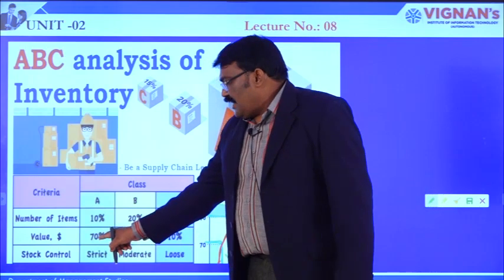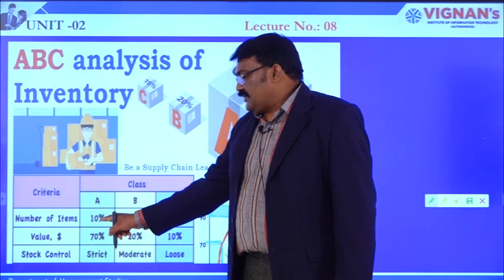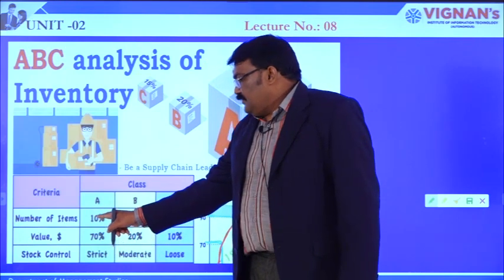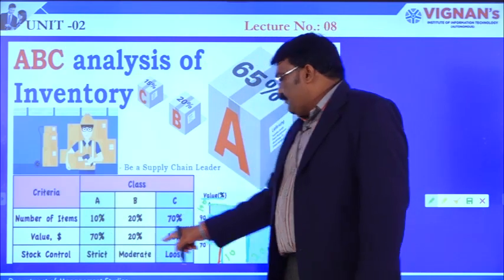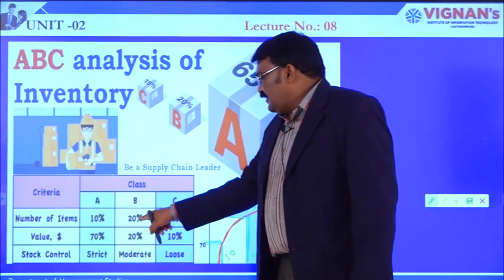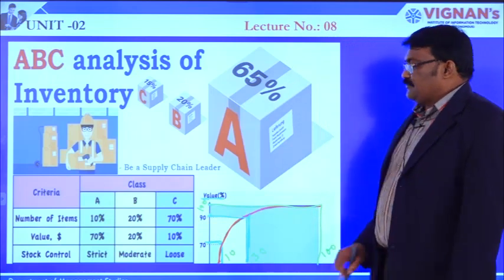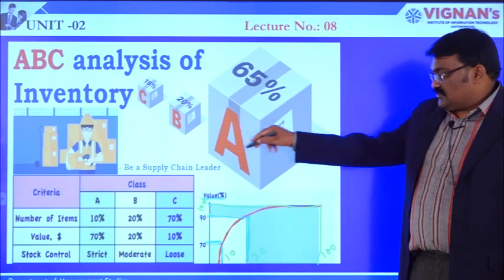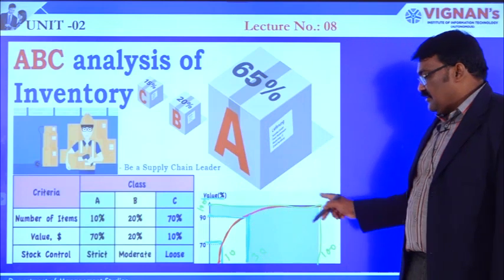See here, the value is this much. So, the number of items percentage is 10 for the first level. When we go to the second one, 10 plus 20 is 30. Again, 30 plus 70 is 100 in terms of value. So, this is the representation of the diagram.